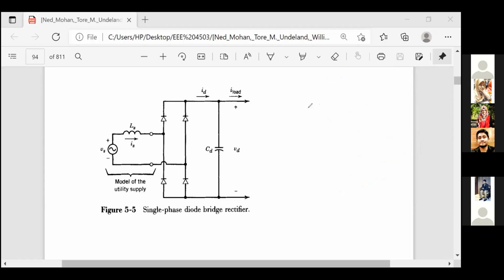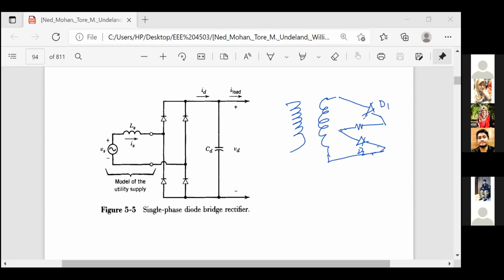Actually, the bridge rectifier we have taught in the second semester was like this. This is your T1, then this is your resistance, which is your load, this is your T2. And also in the intermediate level, you have probably learned it, right?